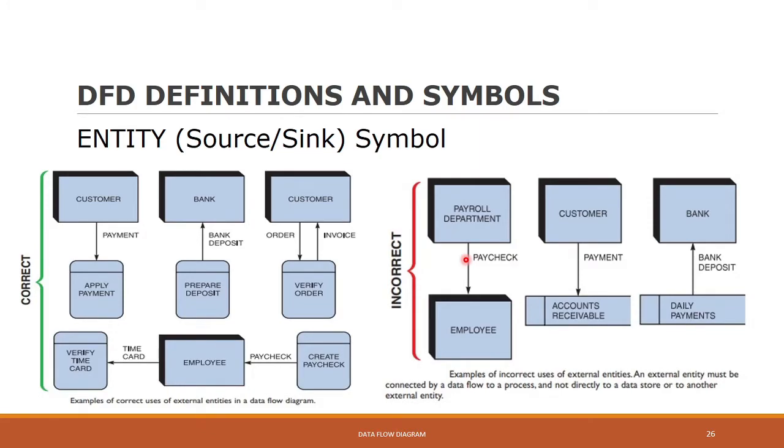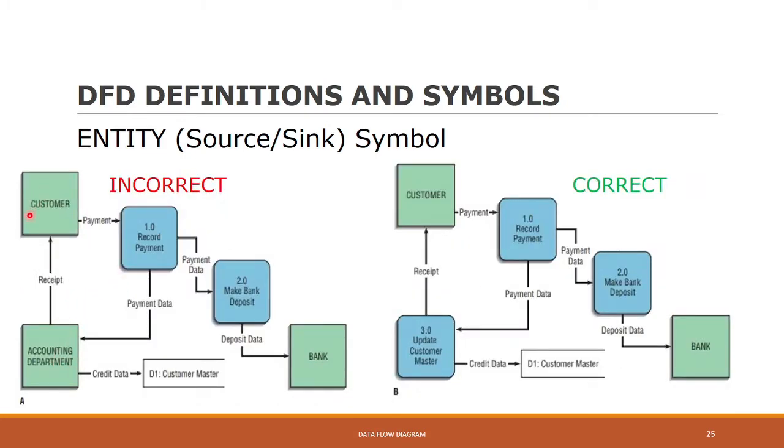Then here are some examples of correct uses of external entities in data flow diagrams, and also some incorrect examples. An external entity must be connected by a data flow to a process, not directly to a data store or another external entity. Avoid this one, like what we did here.